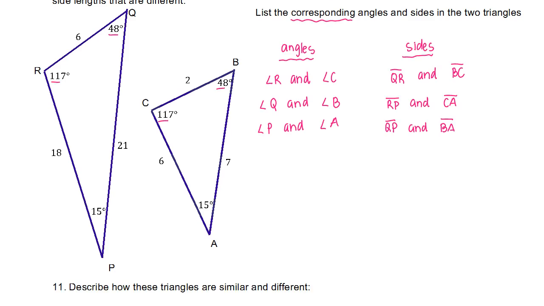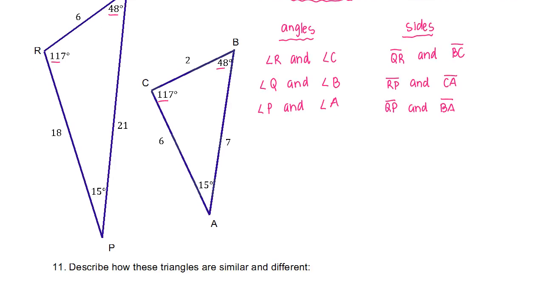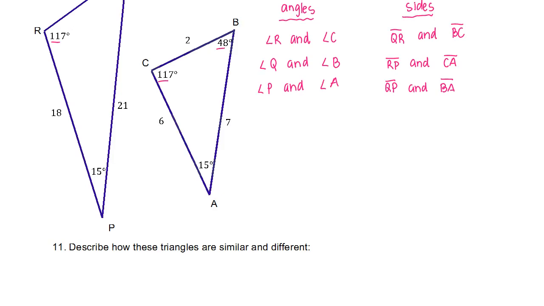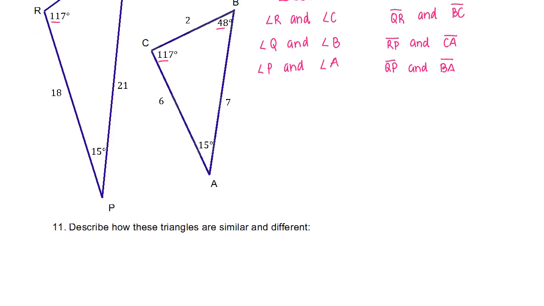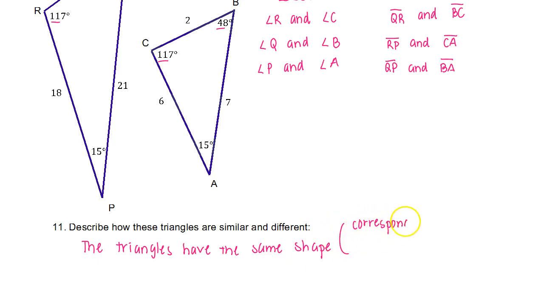So the next question is for us to describe how these triangles are similar and how they are different. I think it's pretty obvious that the triangles have the same shape. And I know they have the same shape because the corresponding, remember that means matching, corresponding angle measures are the same.